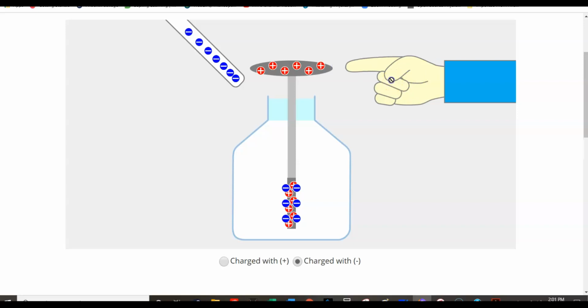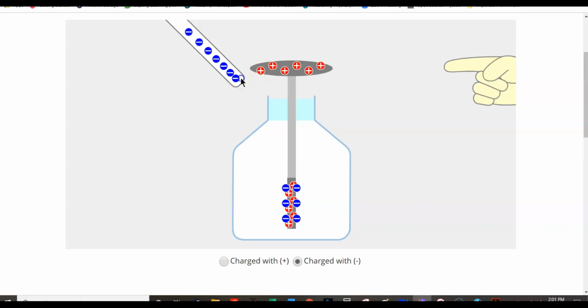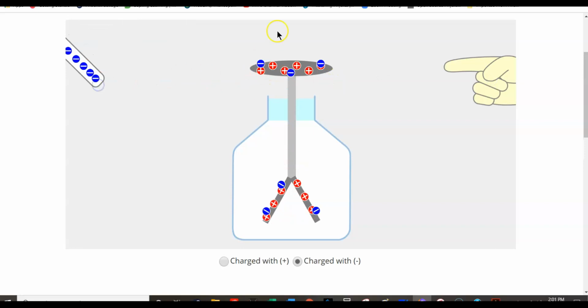Now I'm going to remove my hand, and then I'm going to remove the rod. Since this has lost electrons, it's going to be a net positively charged object. Now it's got an extra 1, 2, 3 protons that are unpaired with electrons. So these protons have lost their electrons, and now these guys are repelling each other. So this is 2 ways that you could charge with induction.